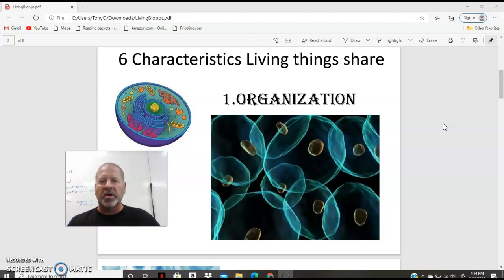There is some predictable organization. It might be something as rudimentary as you can predict the number of tissue layers within an organism, and then some things are very complex. They have two kidneys and a pretty good sized liver with designated jobs. So all living things have organization at some level.